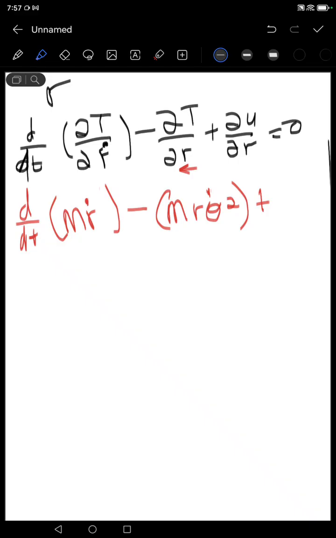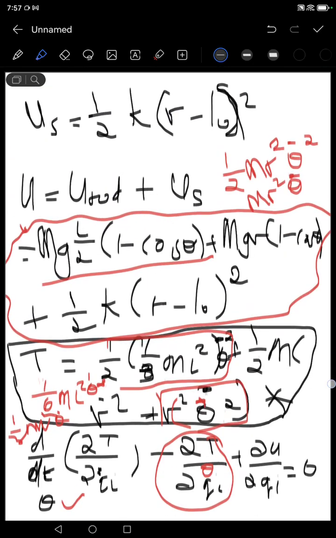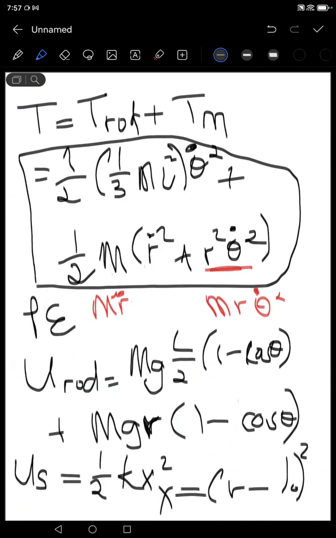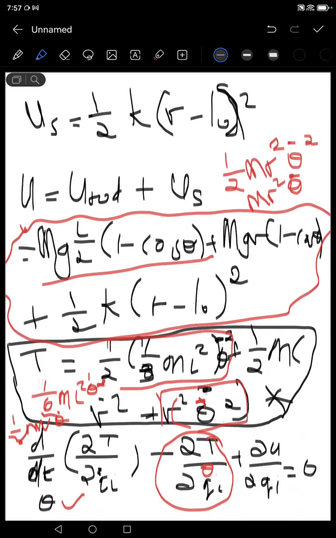We go back to our potential energy. Wherever there's r, we differentiate. Okay, this is our potential.